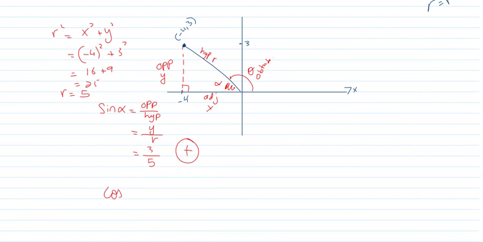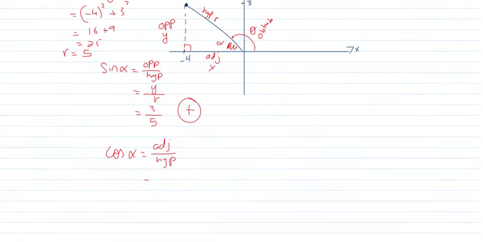So cosine is adjacent over hypotenuse, right? What's the value for the adjacent? What letter is it? X. So x over r. What's the value for x? X is negative 4. What's the value for r? Yeah, we just found it. 5.